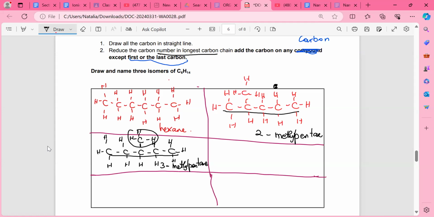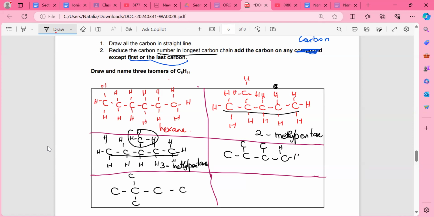So I've exhausted 5. I am now going to reduce the number of carbons in my longest carbon chain to 4. Now I can put additional carbons on any carbon except the first or the last, or keep 4 carbons and put both additional carbons on the second one. Clear?